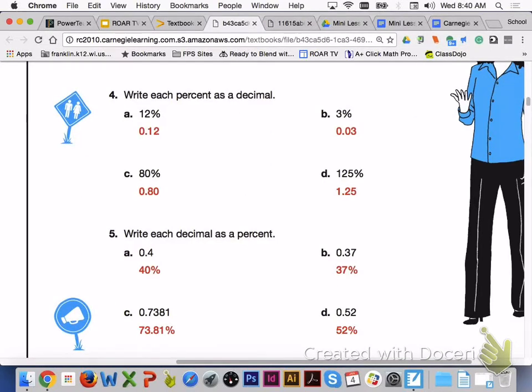For number 4, letter A, you should have 12 hundredths, B, 3 hundredths, C, 80 hundredths, and for letter D, 1 and 25 hundredths. For number 5, letter A, you should have 40%, B, 37%, C, 73.81%, and D, 52%.